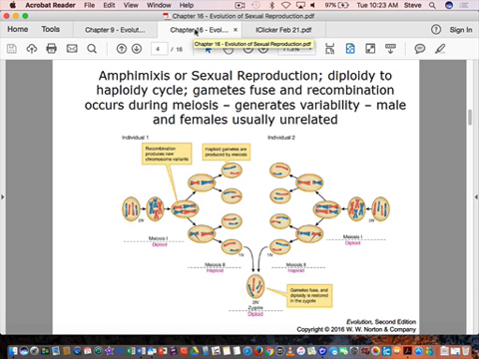Each parent's going through meiosis 1, meiosis 2, and a haploid reduction, and the fusion of those gametes, eggs and sperm. And gametes fuse and recombination occurs during meiosis, and we'll come back to this. This tends to generate a lot of variability.